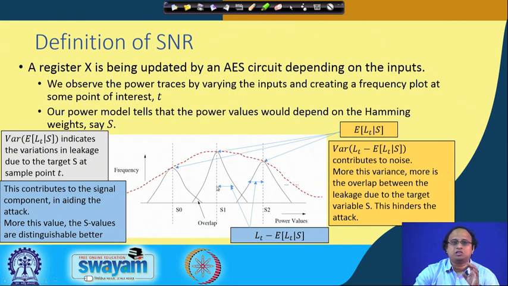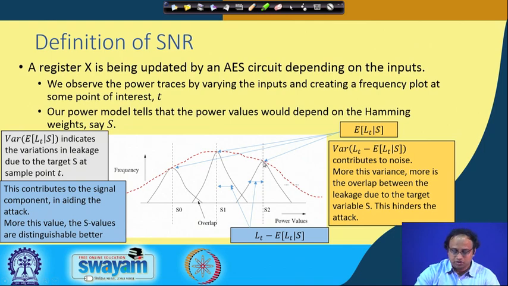So, all the traces which go to the S1 bin, if I partition them depending upon the Hamming classes, then the average value over there is E[LT given S]. It is the expectation of the random variable LT given S, and that is the mean value. Hypothetically, if this is the normal distribution around S1, then this stands for E[LT given S1]. Likewise, this stands for E[LT given S2]. These are the means of the distributions.